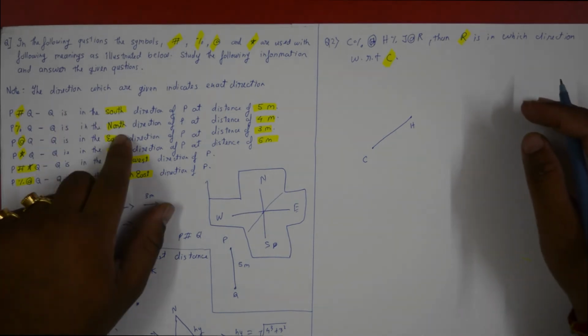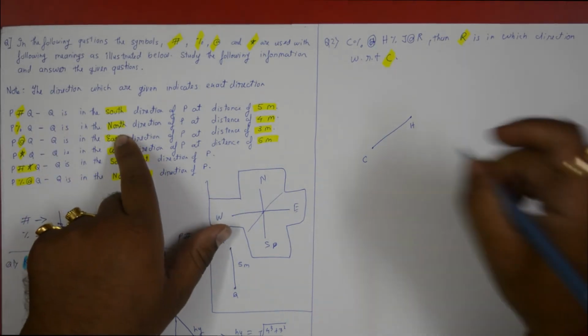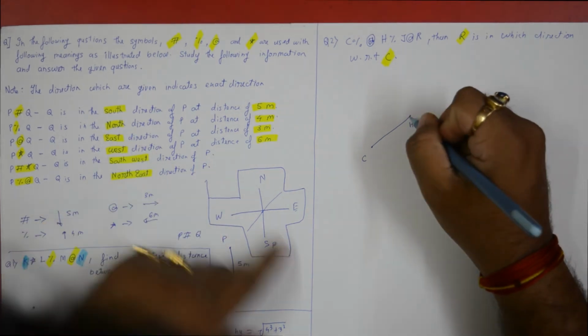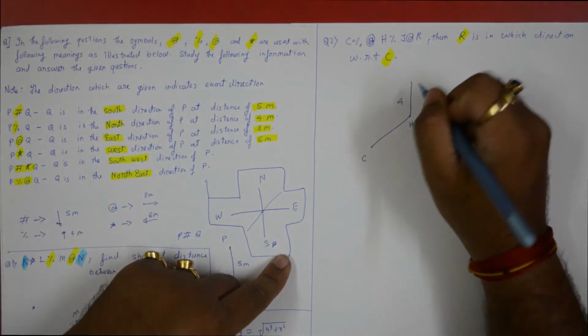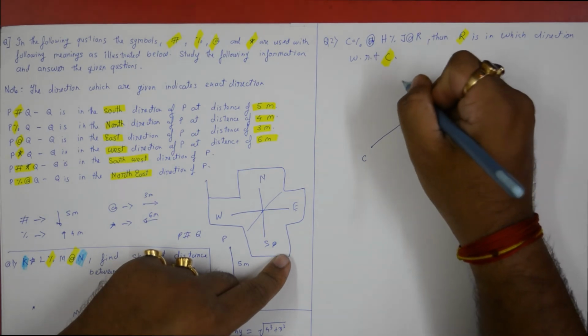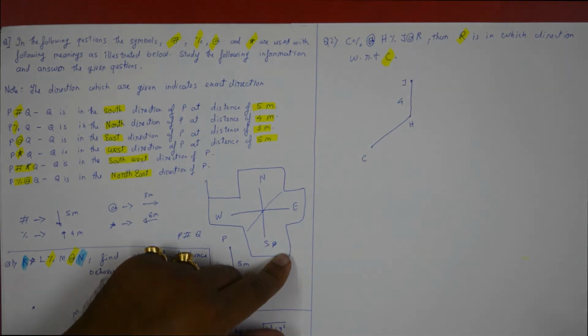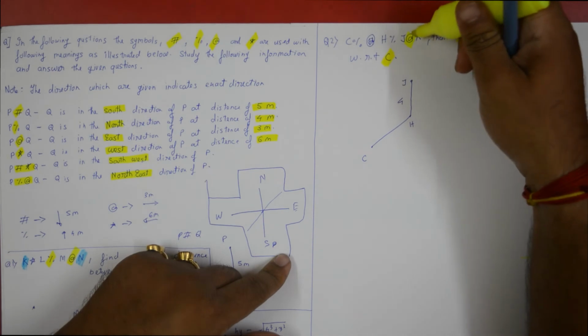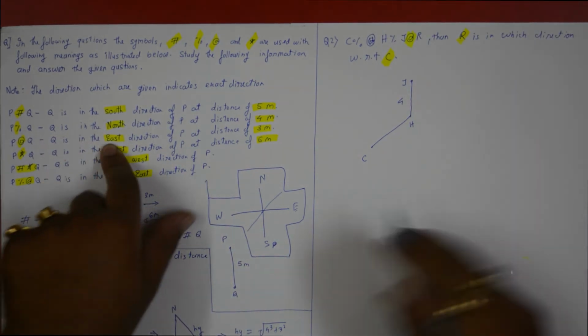Now percentage means north direction. So we'll go north by 4 meters. This is 4 and we get our point J. And now we have at the rate. At the rate means to the east by 3 meters.